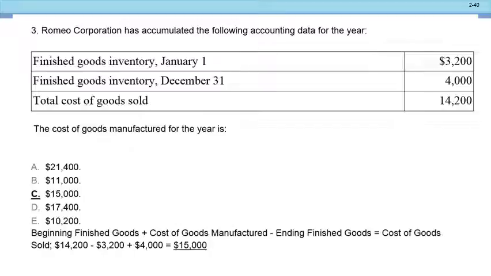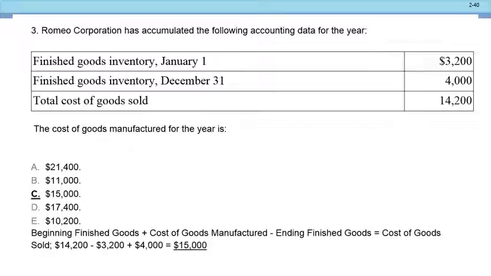And again, I'm going to use a subtotal. So I have this 14,200, and I ended up with that after I subtracted from some number. I ended up, I should say, with 4,000. So what am I going to do? I'm going to add that 4,000. What's that give me? 18,200.